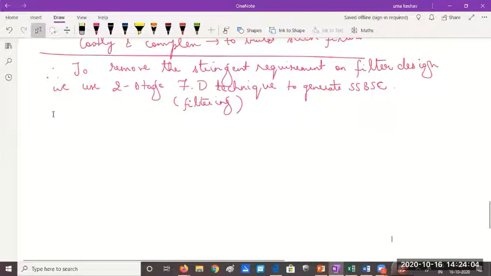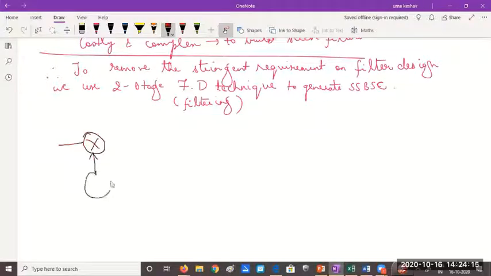All you have to do is, whatever you had in a single stage, one product modulator, one oscillator, AC cos 2 pi FC1 t, and this is where we give the message signal.